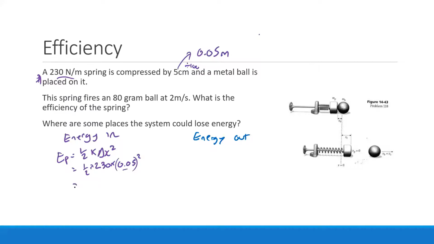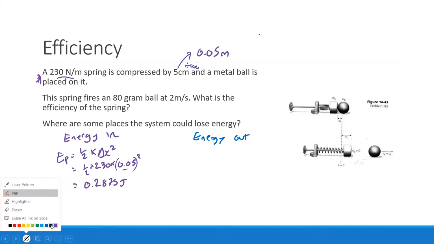So if we actually plot this out, 0.5 times 230 times 0.05 squared, 0.2875 joules. So that's how much energy is stored in the spring.